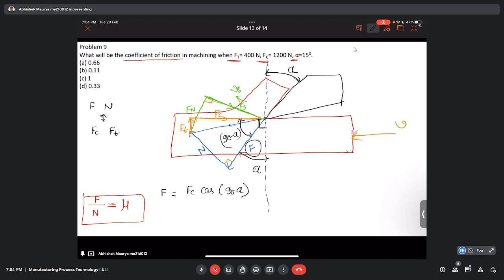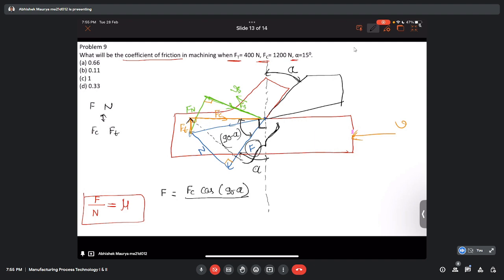If we take the component of FC along F, we get this length. So if we take the projection of the cutting force on the friction force, we get this equation. But a component of the tangential force will also contribute to the friction.